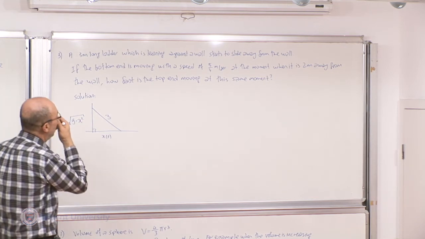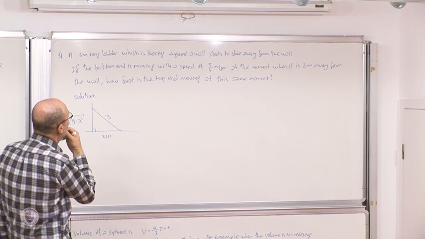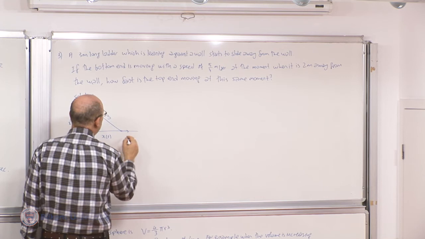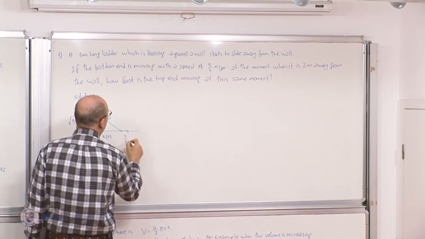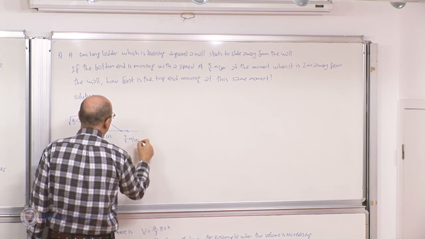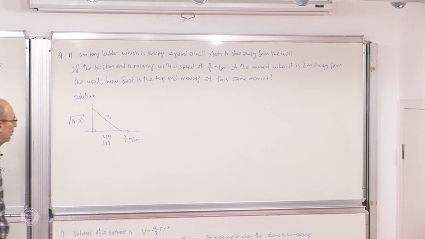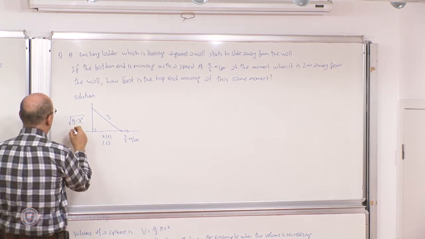The story says that it is moving at a certain rate: this thing is 5/4 meter per second when this thing is 2 meters. When x is 2 meters, the other side is square root 5.